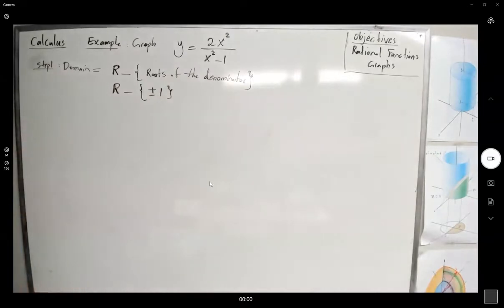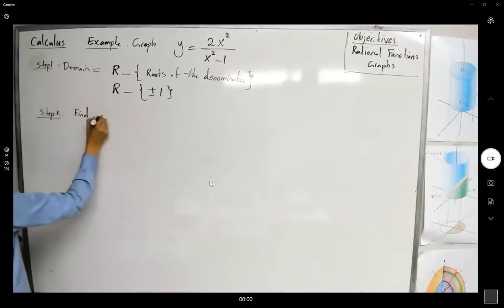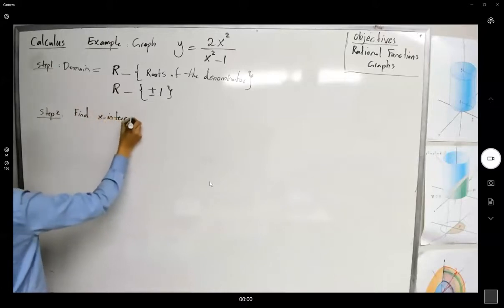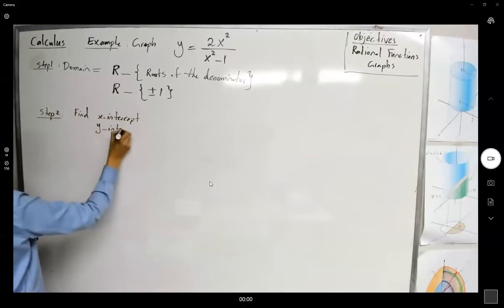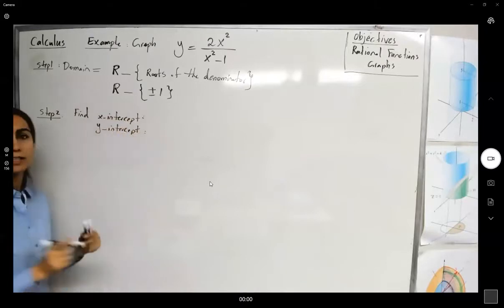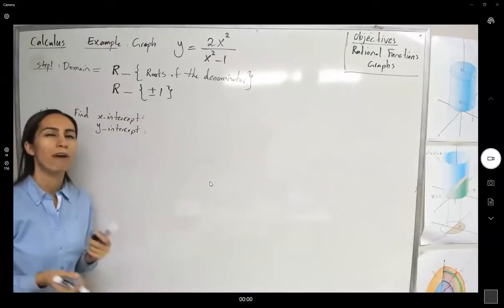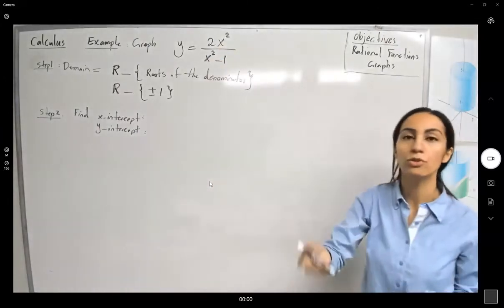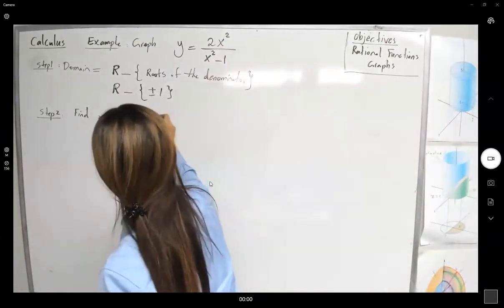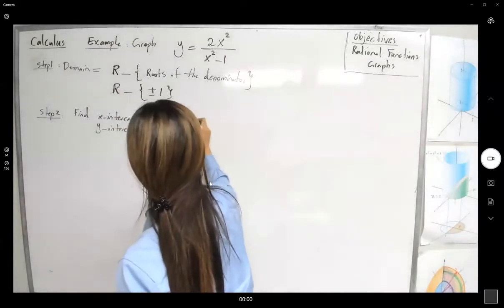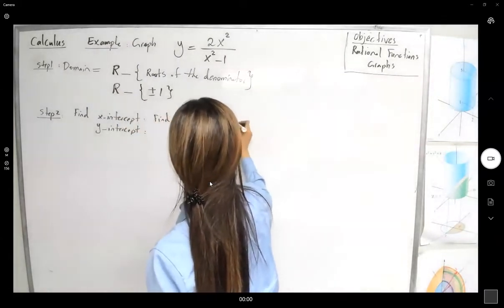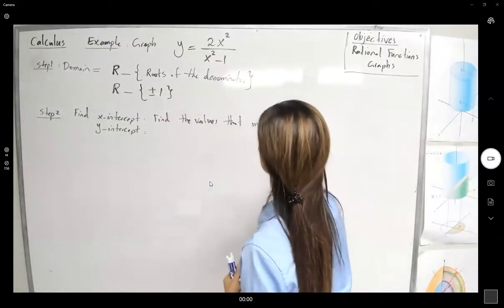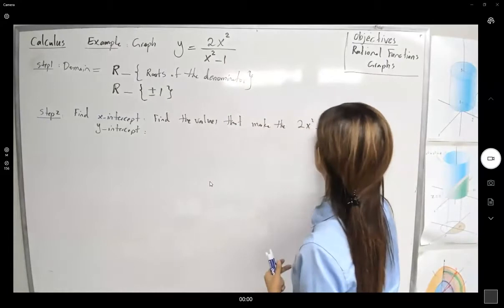So in the next step, step 2, find the x-intercept and y-intercept. To find the x-intercept, we're looking for the values that make the numerator equal to 0.